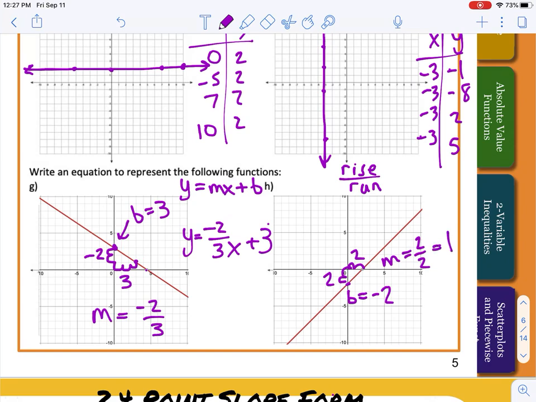So our m is 1. So our equation here in slope-intercept form is y equals 1x minus 2. You could also just write this as y equals x minus 2. I'll take either of these as correct solutions.